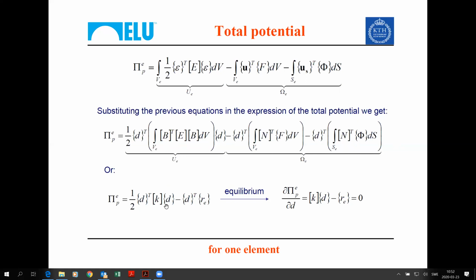What we obtain at the end of the day is the total potential 1 over 2 d transpose K d minus d transpose times R_E, the vector of consistent nodal loadings, which gives us the equilibrium K times d minus R_E equal to 0. So conceptually, no difference from bar elements and beam elements. It's just that the expression now starts to become a bit more complicated.